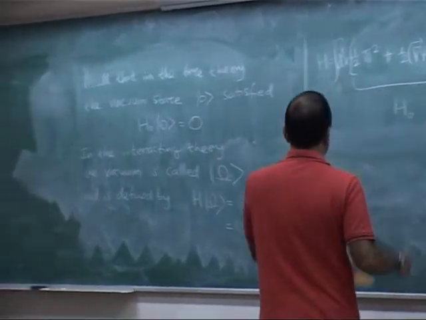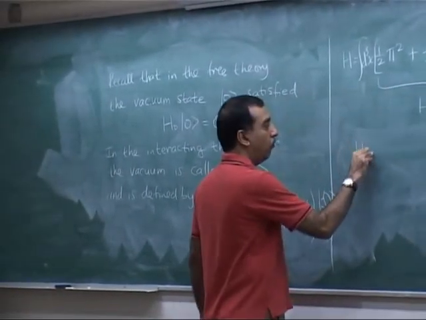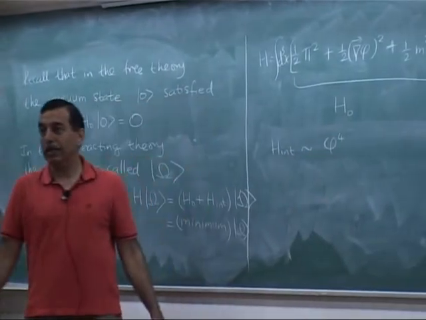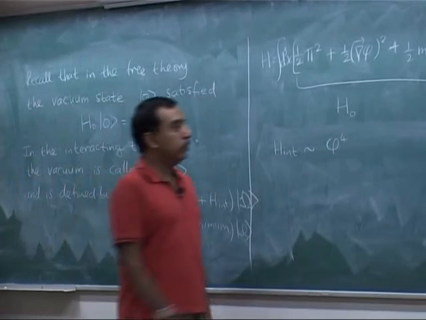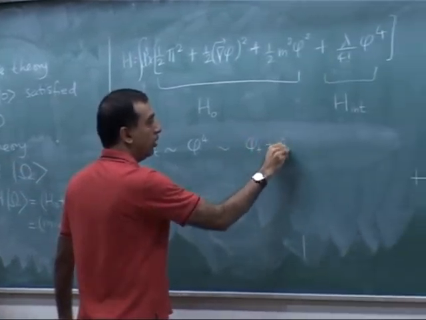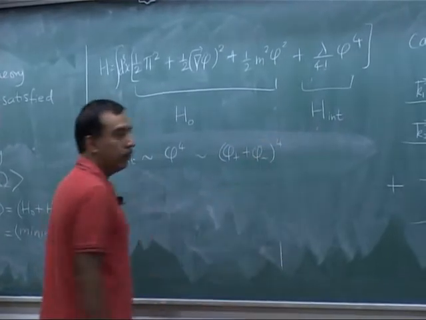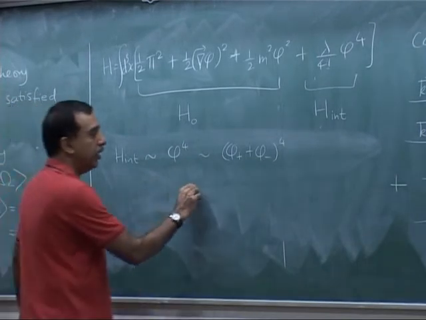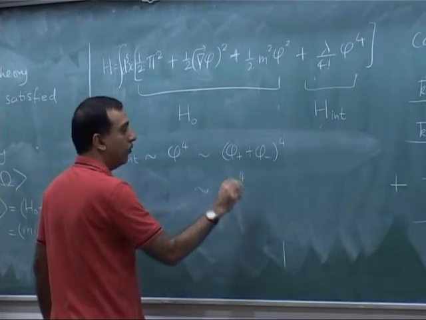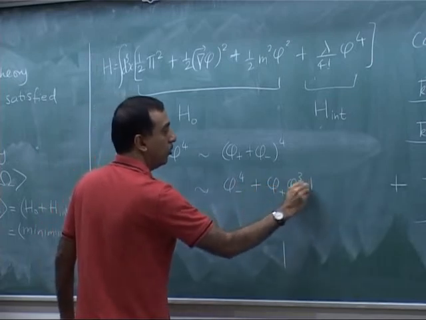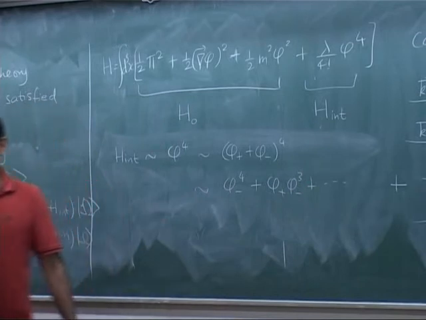Look at H interaction. It goes like phi to the 4th, right? And phi to the 4th is the same as (phi plus plus phi minus) to the 4th. In the language of free fields, this thing has many terms, including, for example, phi minus to the 4th, phi plus times phi minus cubed, all the possible terms, right?